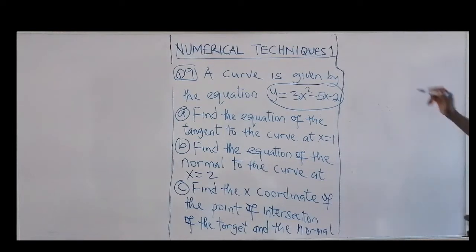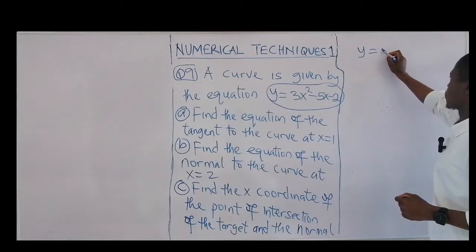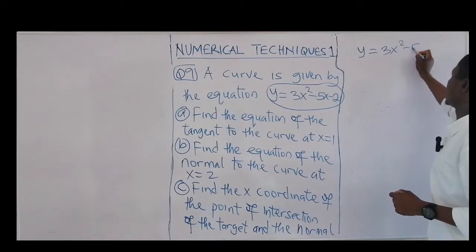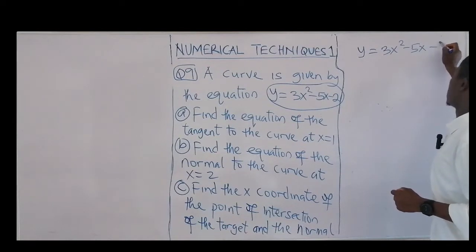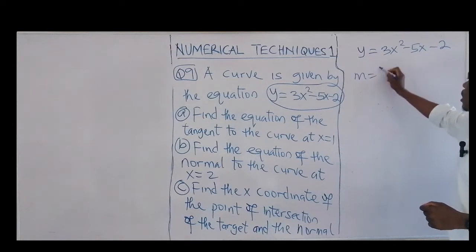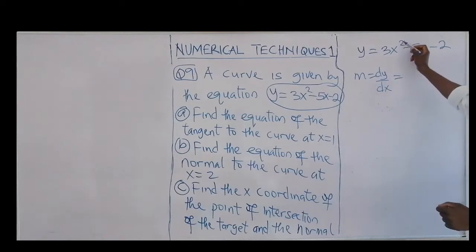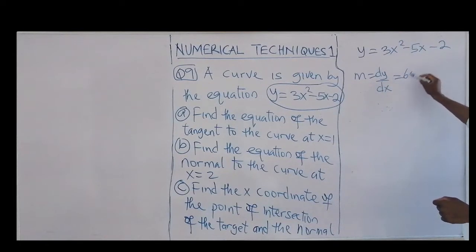To get the tangent, we need to get the slope, which is the gradient. In this case, we're going to use the derivative, dy/dx, and that will be equal to, for this one, 2 times 3, that's 6x, and then 2 minus 1, that's 1.